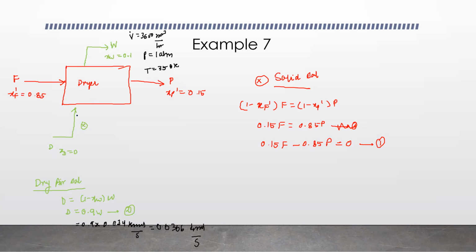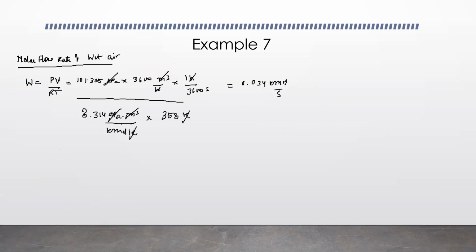So we'll have to use the fact that whatever mass of water has been lost by F has been gained by D. So the water gained by dry air is equal to 0.1 into W, because it did not initially contain anything, and now it contains 10% moisture.